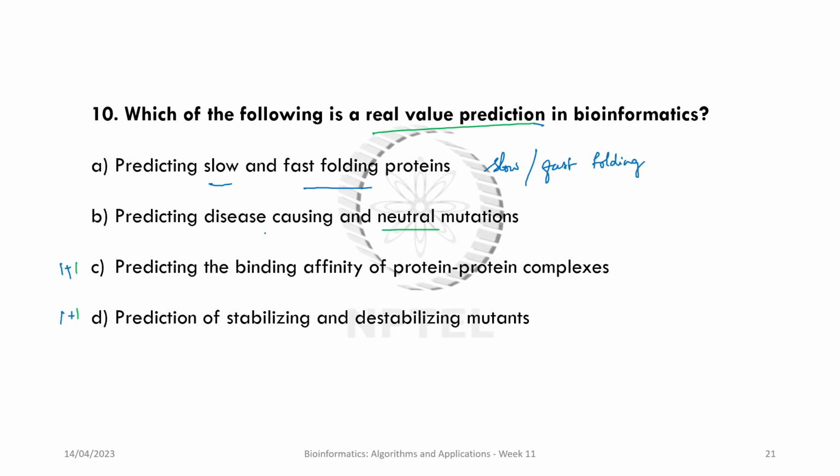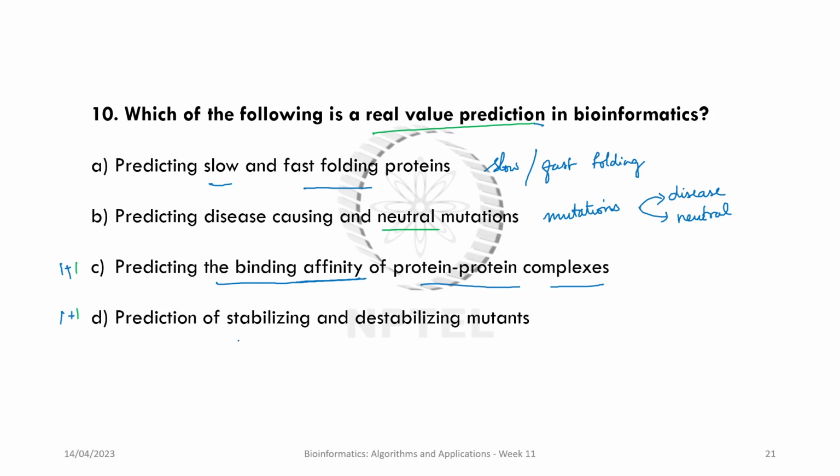Option B, predicting disease causing and neutral mutations: you're looking into mutations and splitting them into disease causing or neutral, right? Predicting the binding affinity of protein-protein complexes: now, you're not classifying these complexes as more affinity or less affinity, but you're actually calculating the binding affinity of a protein-protein complex or such complexes.